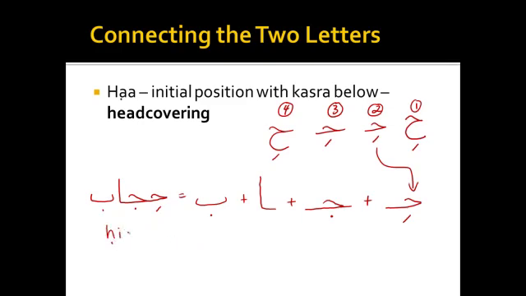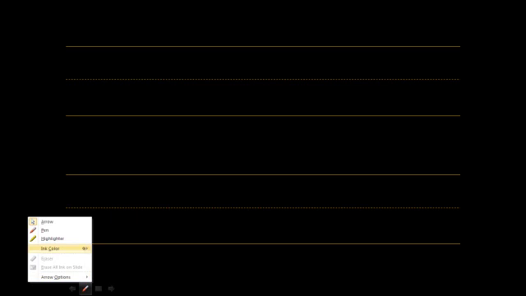We have the word hijab. Now let's write this word a couple of times. I'm going to change my color back to yellow here. Okay, so we have the word hijab.